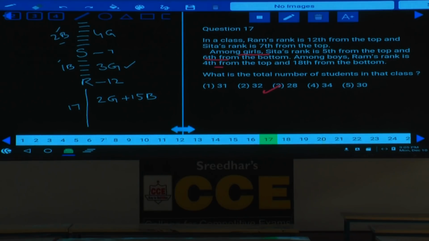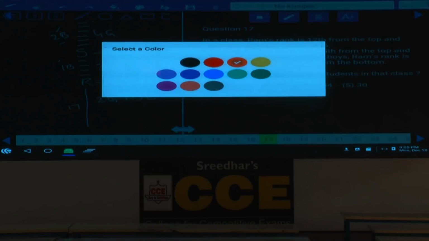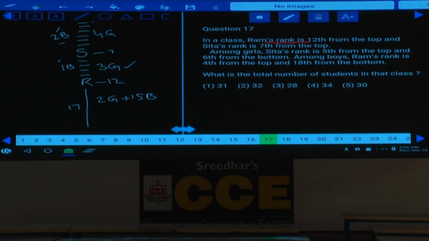Clear now? Now let us check the conditions once again. Ram's rank is 12th from the top. Check whether Ram is 12th from the top or not. 1, 2, 3, 4, 5, 6, 7, 8, 9, 10, 11, 12. Ram's rank is 12th from the top and Sita's rank is 7th from the top. Sita: 1, 2, 3, 4, 5, 6, 7.